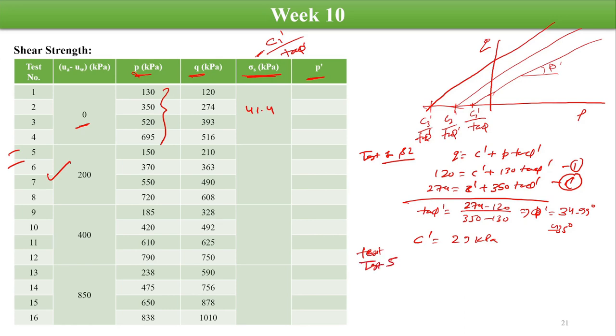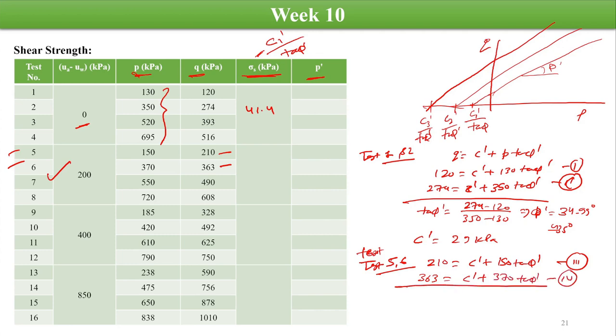So let's say tests 5 and 6. We'll write the equations for them also. So the first equation will be 210 is equal to C dash plus P times, that is 150, tan phi dash. Let's call it equation number 3. And the fourth equation will be 363 is equal to c dash plus 370 times tan phi dash. Let's call it equation 4.